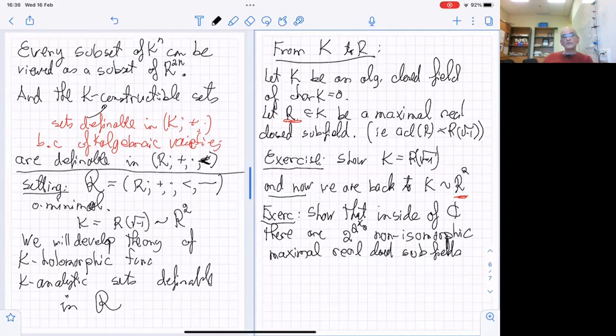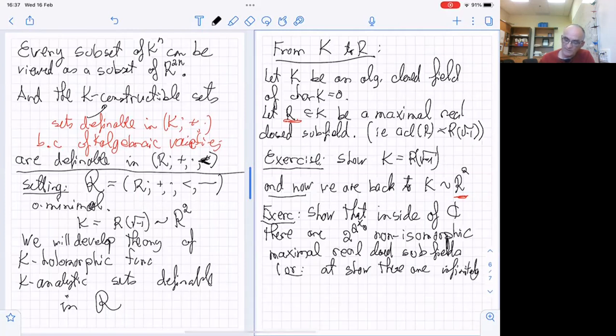And if 2 to the aleph naught requires some knowledge of model theory, I'll be satisfied even if you just show that there are at least infinitely many. Please show there are non-isomorphic ones.